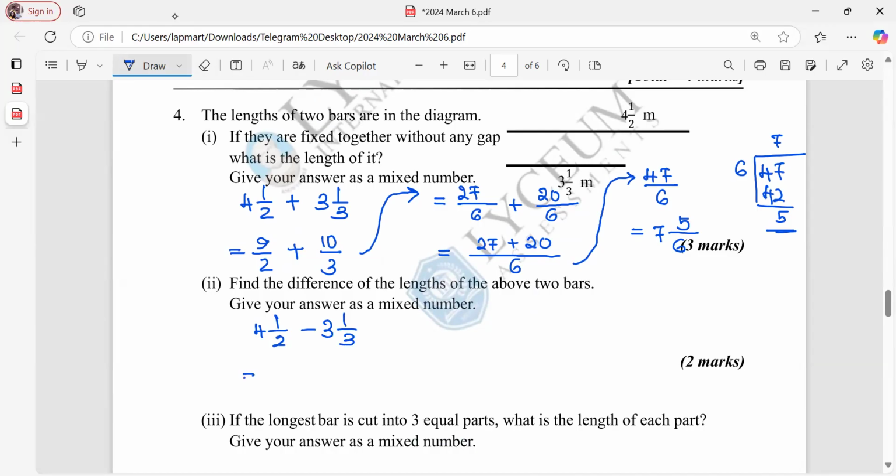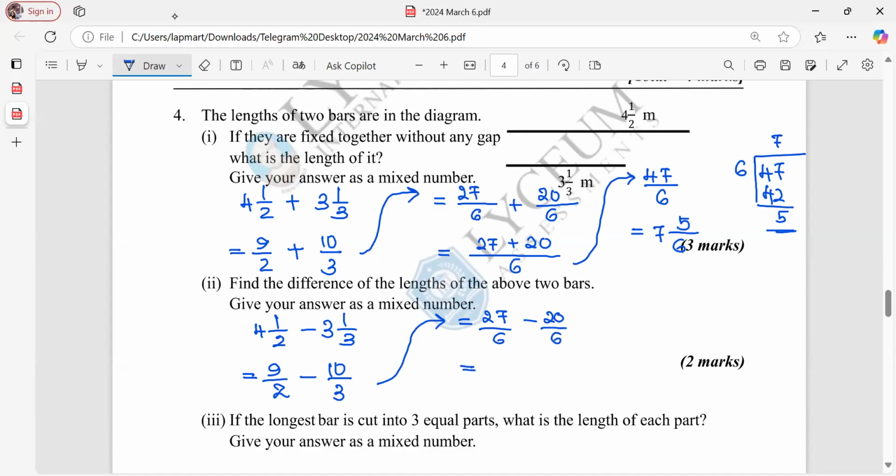The first few steps we can copy the values as they are, so it doesn't change. The only thing is that earlier we added, now we are subtracting. That's the only difference. So when you make the common denominator, it is 27/6 subtract 20/6.